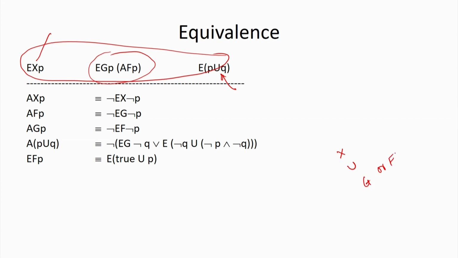So, if I consider any of these three operators, then it is going to give me an adequate set of operators, because I already said that A X can be replaced with E X, A F can be replaced with E G. So, either A F or E G I am going to take, and A G is again replaced with the help of E F, and A until can be expressed with the help of E until, okay, and E p can be replaced with the until operator again.